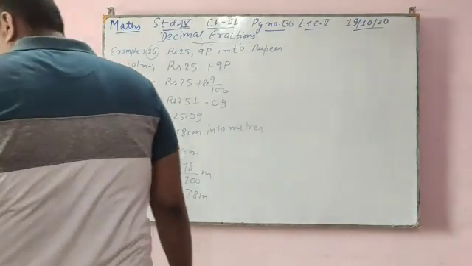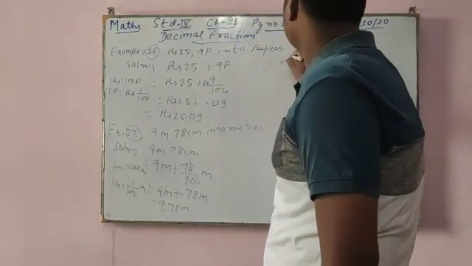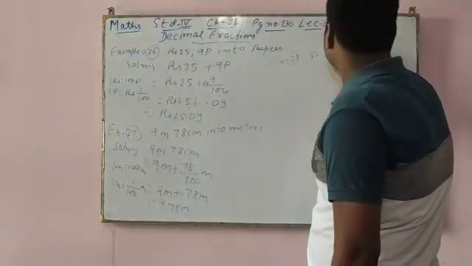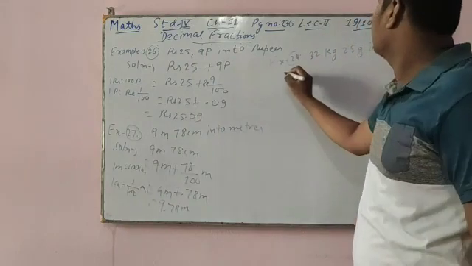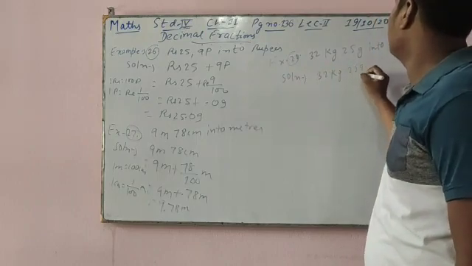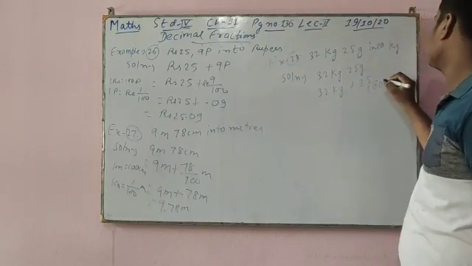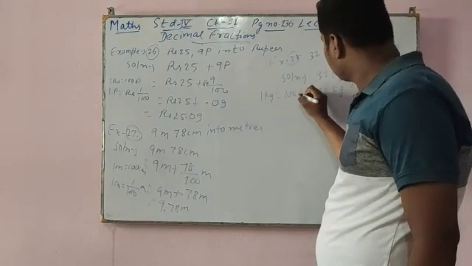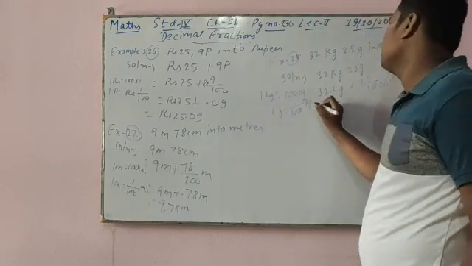Next, example number 28. 32 kg 25 gram. We have to change into kg. Come to the solution. 32 kg 25 gram. 32 kg plus 25 by 1000 kg, because we know that 1 kg is equal to 1000 gram and 1 gram is equal to 1 by 1000 kg.